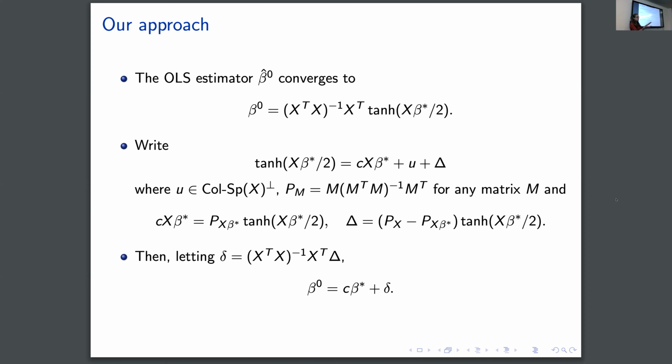The column span of x is some space, and you look at everything orthogonal to that. And then capital delta is just the remaining term. If you want it explicitly, it's this vector projected onto the column span of x, but not the component that's parallel to x beta star. We have a closed form for delta. It looks a bit like U.